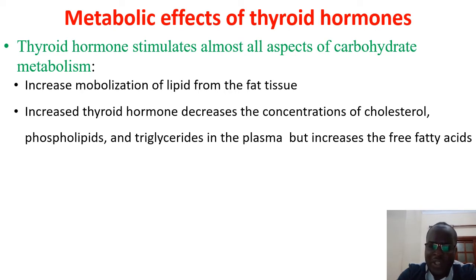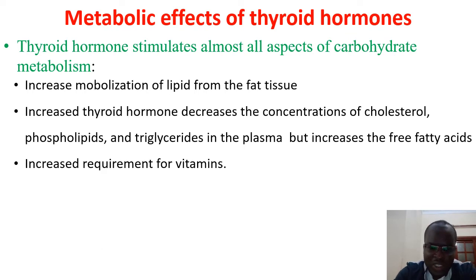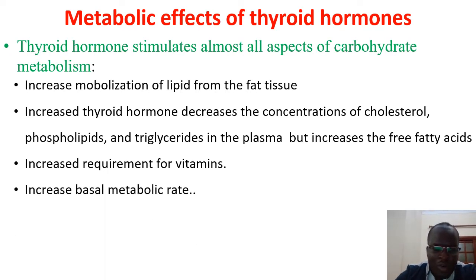Cholesterol, phospholipids, and triglycerides will be used as a source of energy, and the free fatty acids could also be used as a source of energy. There is an increased requirement for vitamins, because of thyroid hormones. Metabolism is increasing, with increased basal metabolic rate because the enzymes that are involved here are also increased.